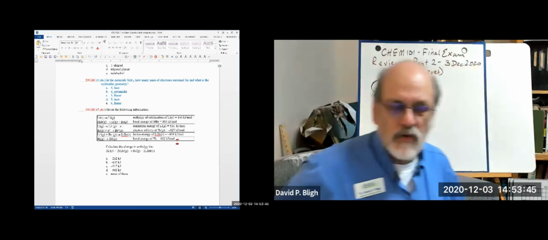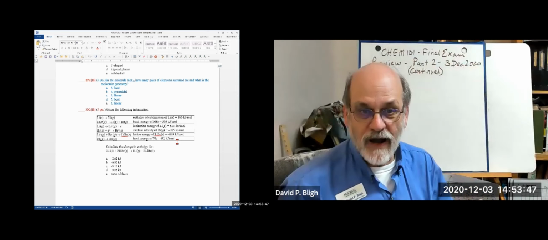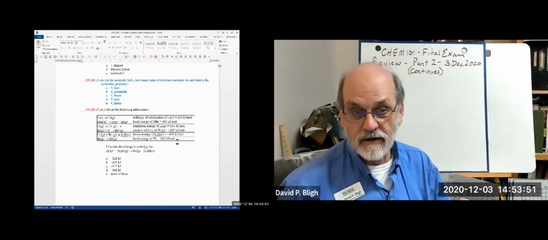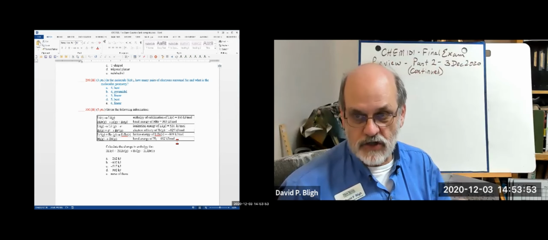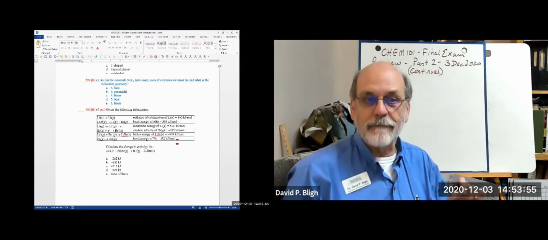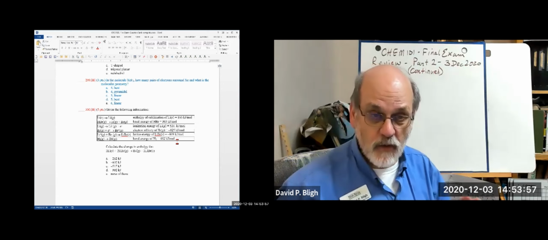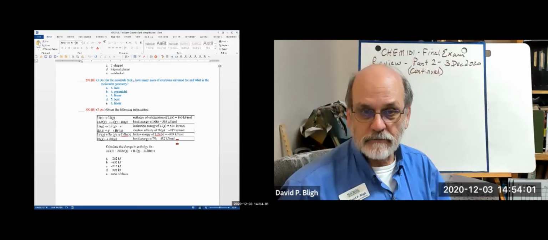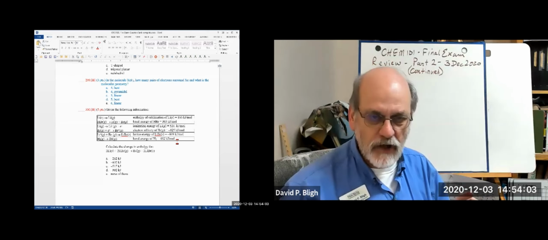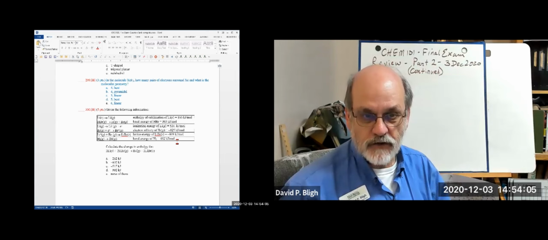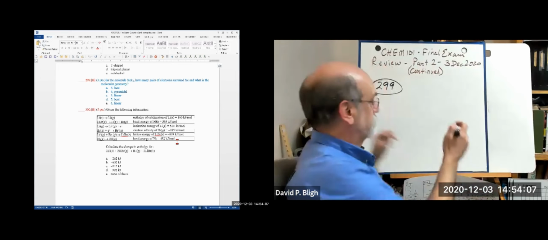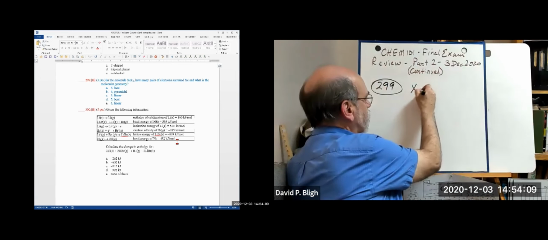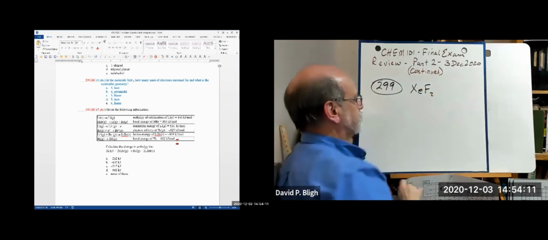Okay, in the molecule xenon difluoride, how many pairs of electrons surround xenon? And what is the molecular geometry? In order to answer this question, and the answer is in 2 parts, we have to know the Lewis dot structure to begin with. So xenon difluoride.